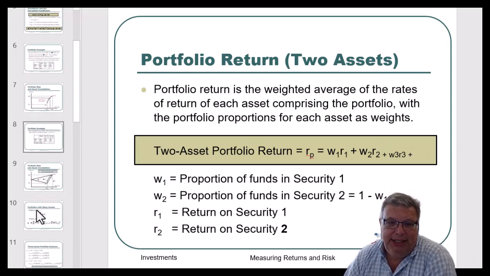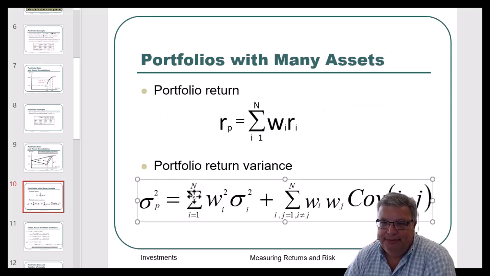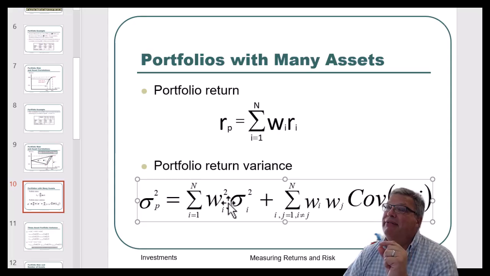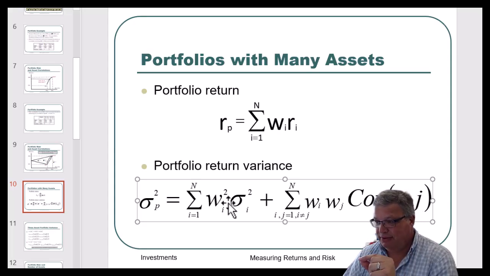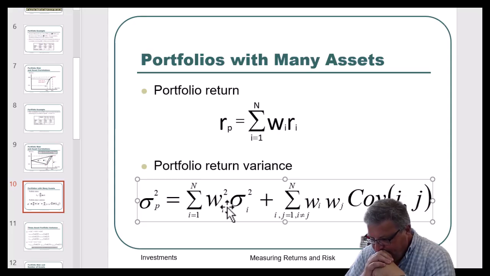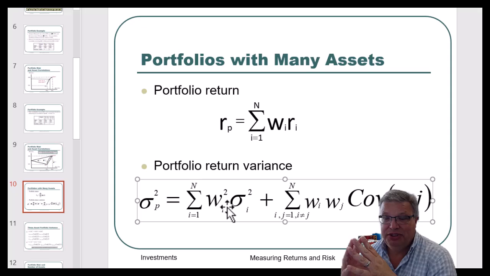But down here, this term, it gets pretty nasty. And the reason it gets pretty nasty, you got 2 summation signs. So that means every time you add another security in your portfolio, you're going to get a term that is related to how much risk is in that individual security.